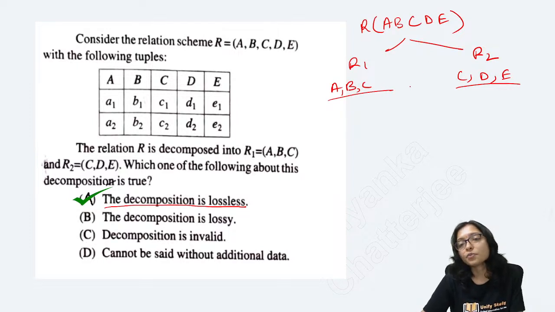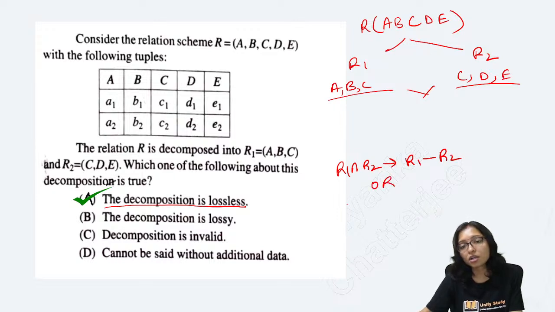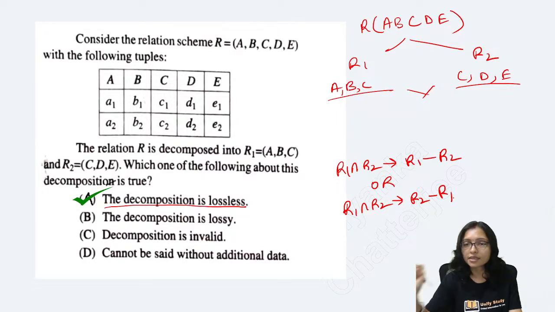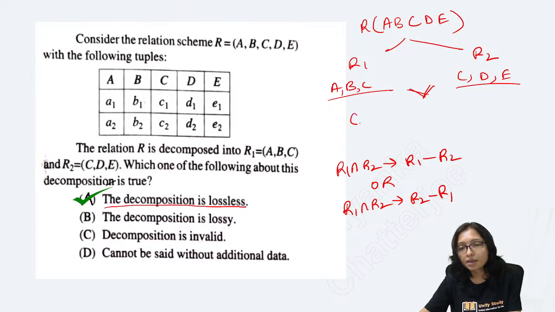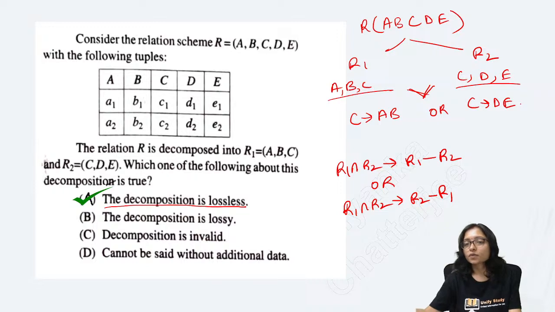Now I have to check what is common: R1 intersection R2 implies R1 minus R2, or R1 intersection R2 implies R2 minus R1. Now from here I have to check whether C implies AB or C implies DE. Any one of them should be satisfied or not.